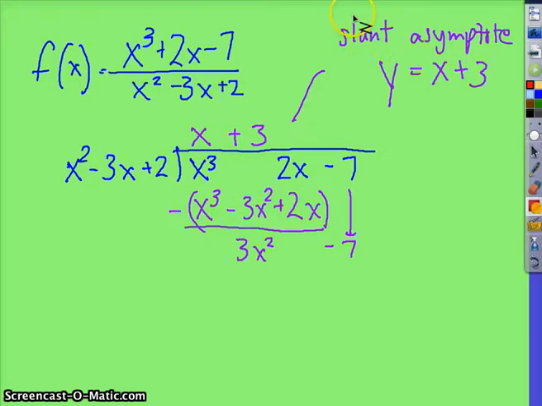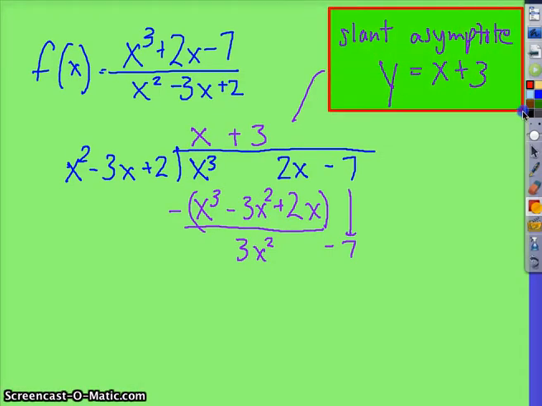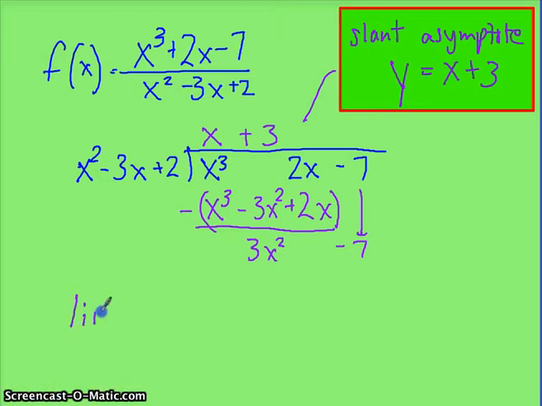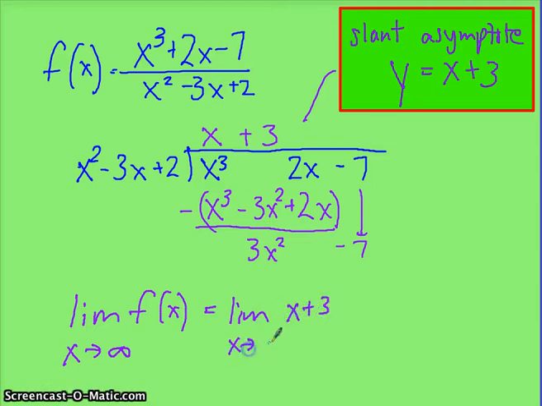So when you are trying to figure out the limit, don't forget what we're trying to do. We're trying to find the limit of this function as x approaches infinity. That really is the limit of my slant asymptote as x approaches infinity. I hope this makes sense to you. As x gets really, really large, the value of the function also gets really, really large, so that's infinity.